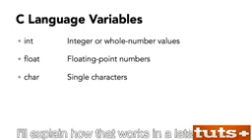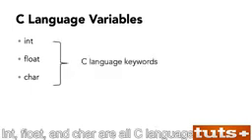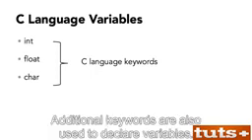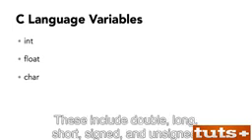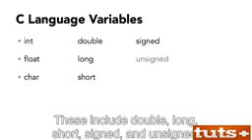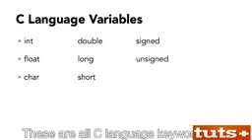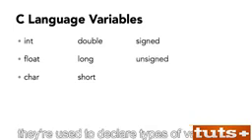Int, float, and char are all C language keywords. Additional keywords are also used to declare variables. These include double, long, short, signed, and unsigned. These are all C language keywords, and they're used to declare types of variables. This code declares an integer variable at line 5.